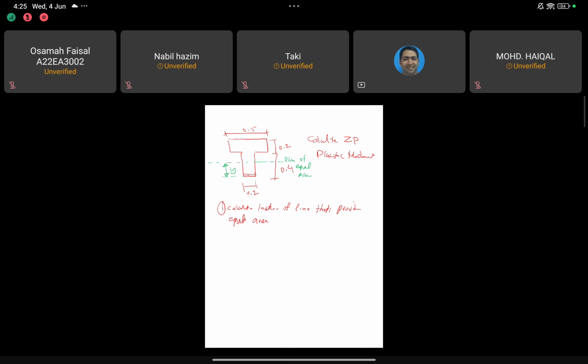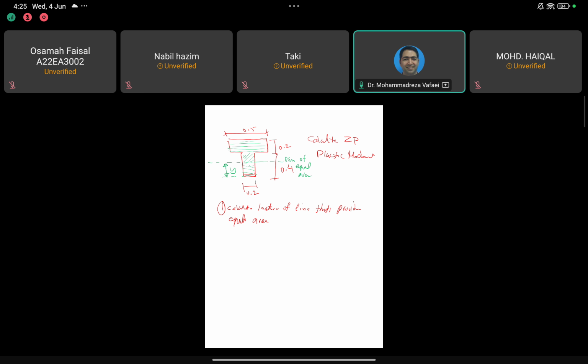So if I want to do that, what I need to do is to write down the equation that can give me the value of y. So we have one area here, another area on top, and let's say another area here at the bottom of the line.